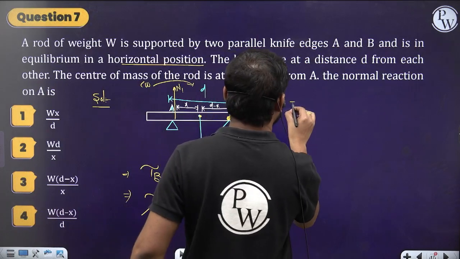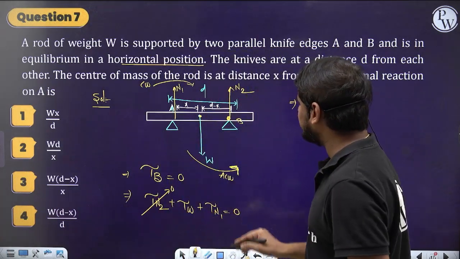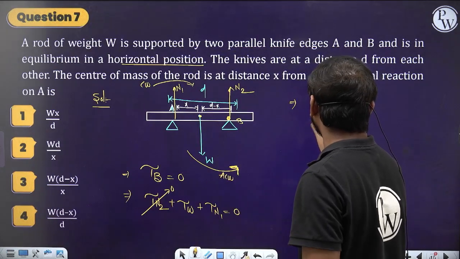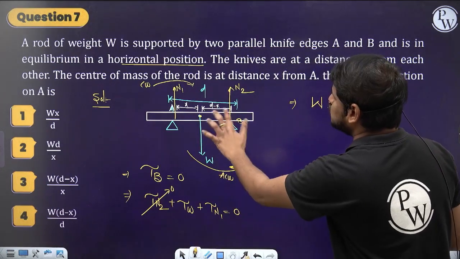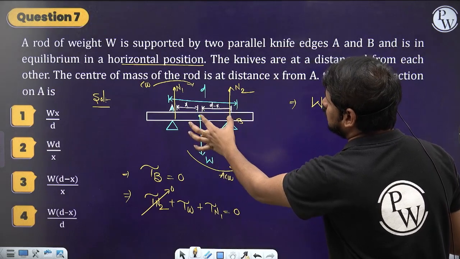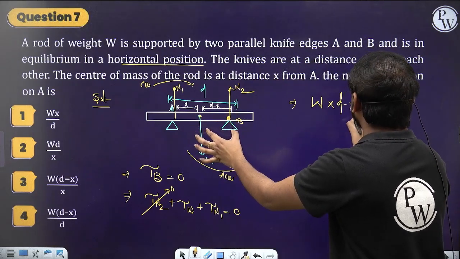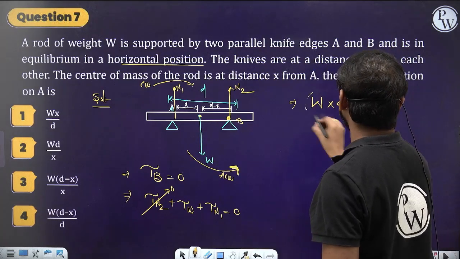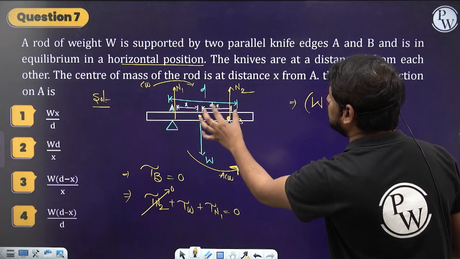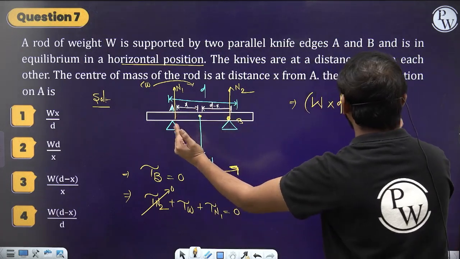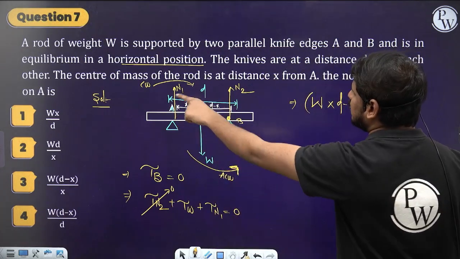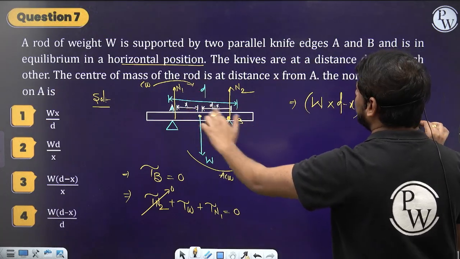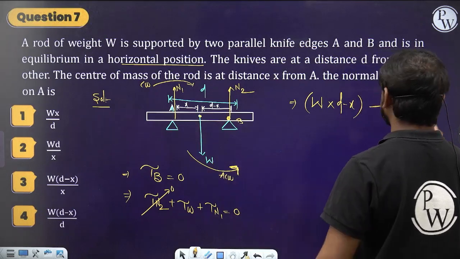So the torque due to weight W is anti-clockwise, so positive: W into the distance from here to here, which is D minus X. The torque due to N1 is negative because it is clockwise: N1 into D, the total distance from here to here.